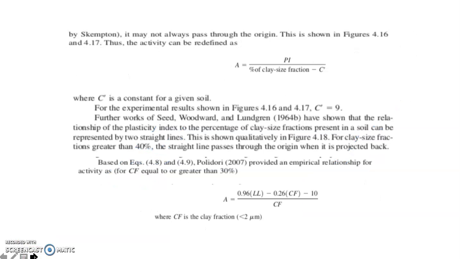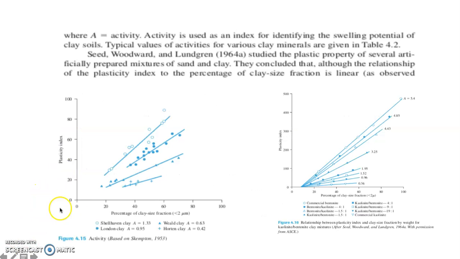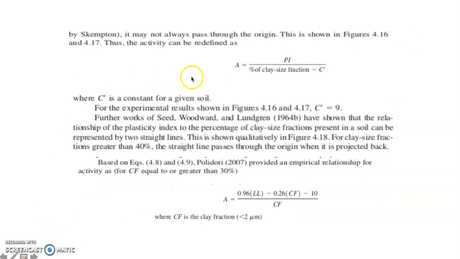So according to Skempton, as shown on figure 4.16 and 4.17, he can express or redefine activity as plasticity index over the percentage of clay size fraction minus a constant for a given soil. There was also a study by Polidori for an empirical relationship for the activity of soil.